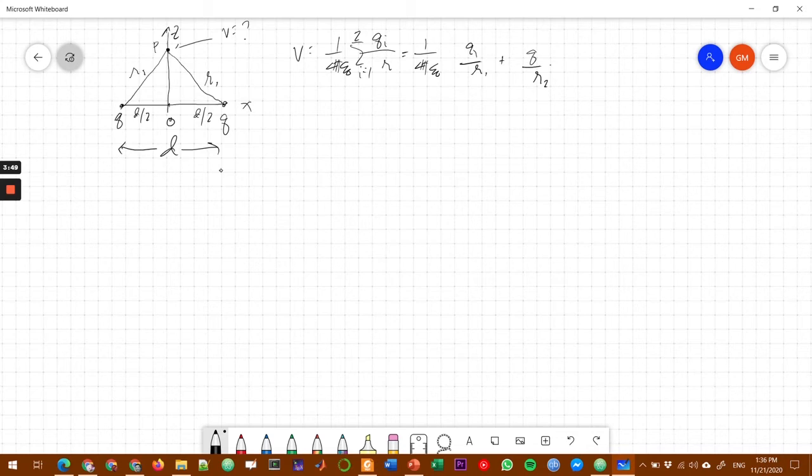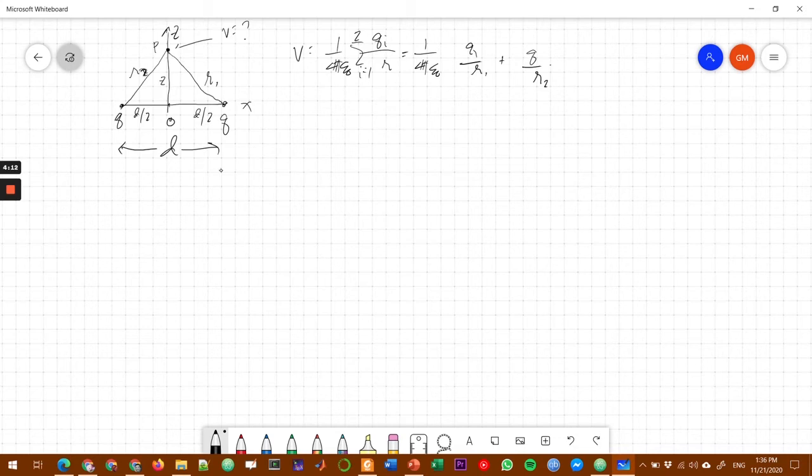R1 and R2 are the distances from the source points to the point in question, which is point P. We can use the Pythagorean theorem to get R1 and R2, with z and d over 2 as the legs.